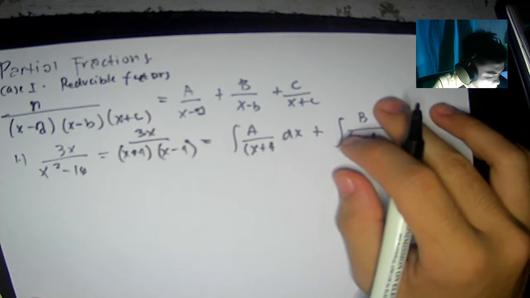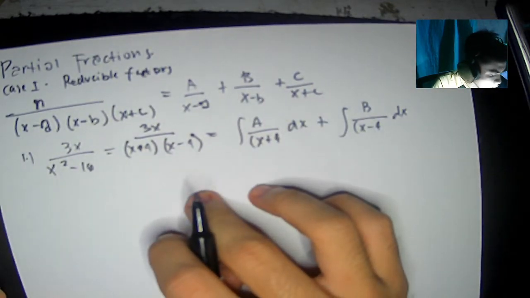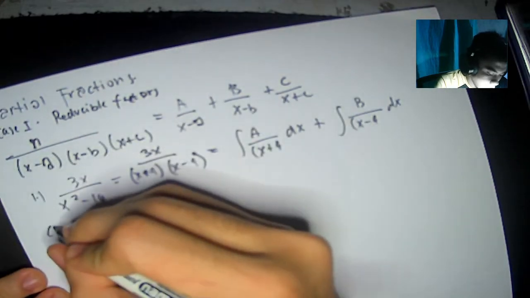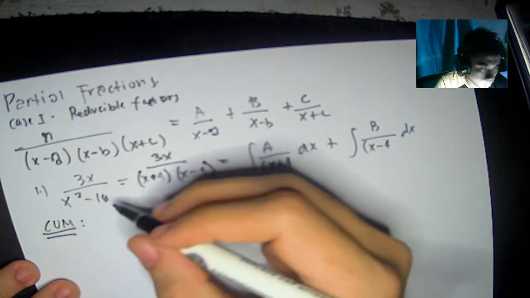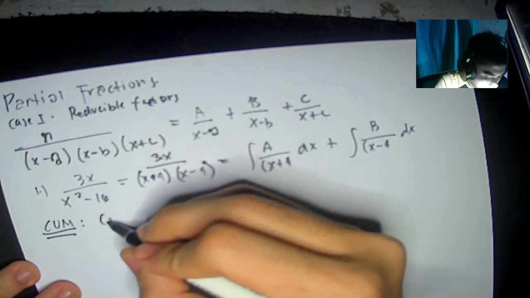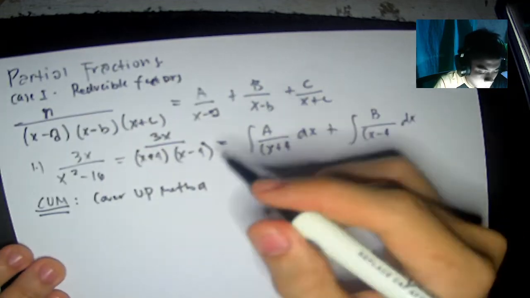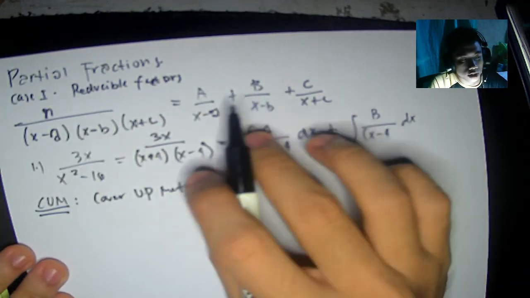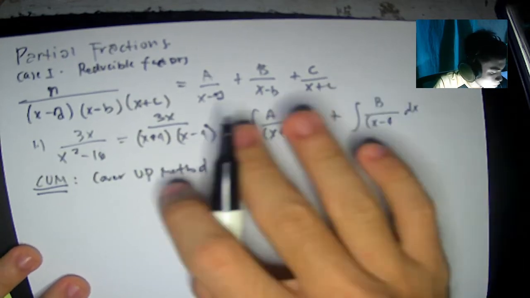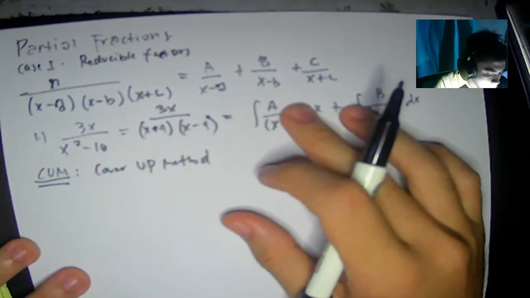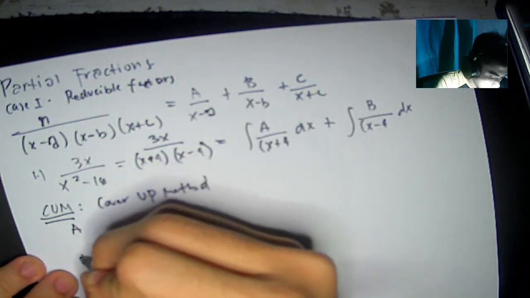In this case, we'll have to find the values of A and B. So we'll use the cover-up method. In this lesson, I'll be covering some methods here using partial fractions. So using cover-up, we'll have A and B.